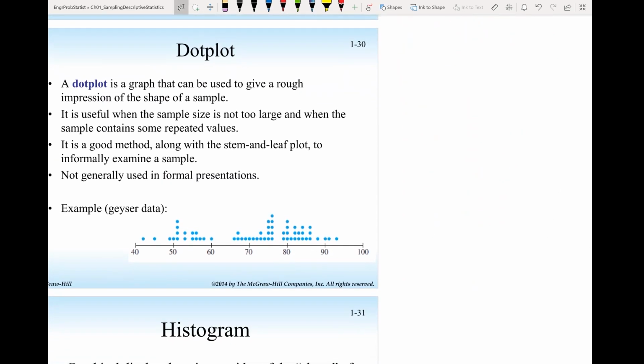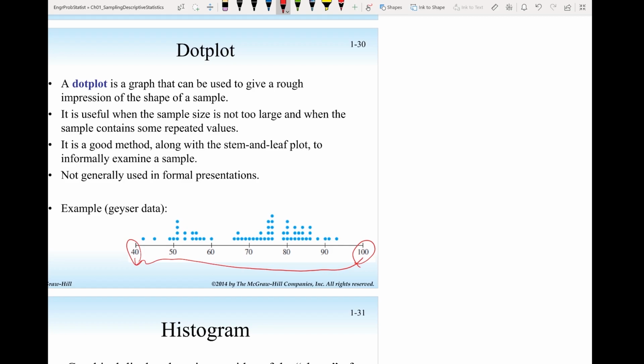The dot plot is also used for small samples. In the x-axis or the horizontal axis, you divide it using the smallest value of a sample, in this case let's say 40, and the highest value of a data point in the sample, in this case 100. Then you place dots.